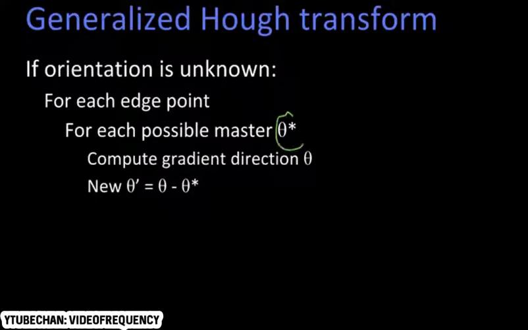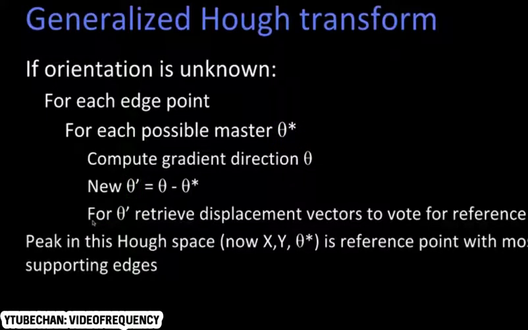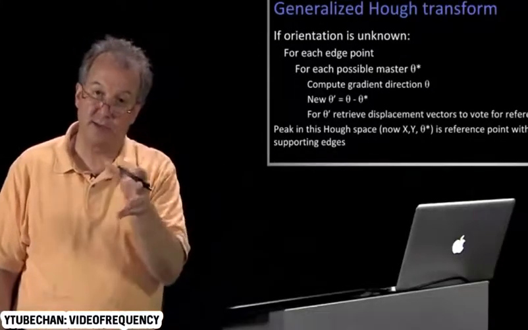So the master here is theta star, the actual gradient is theta, but the gradient we're going to use is theta prime, which is just the gradient with the overall orientation subtracted off of it. And so now we retrieve the displacement vectors for theta prime. So we're still voting, and peaks in this Hough space are the reference point, but notice now that we're voting in x and y and also theta star.